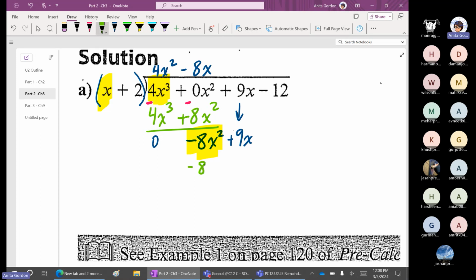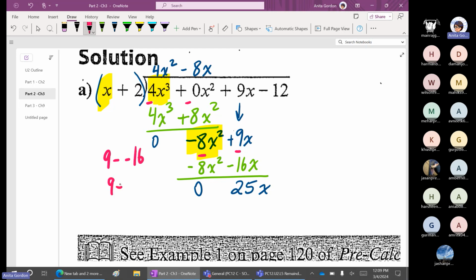This gives me negative 8x squared minus 16x. Negative 8x squared minus negative 8x squared, 0. 9 minus negative 16, what would I get there? Minusing a negative, 25x, right? Because what I'm saying here is 9 minus negative 16. That's the same thing, 9 plus 16.